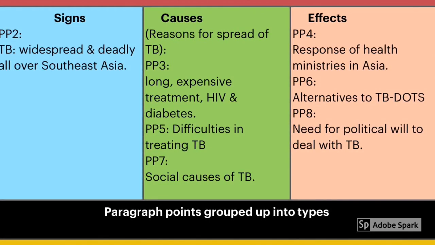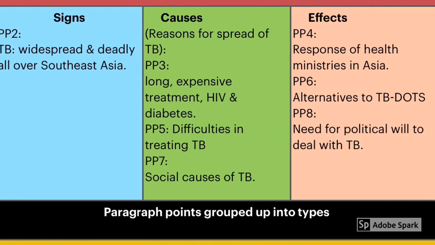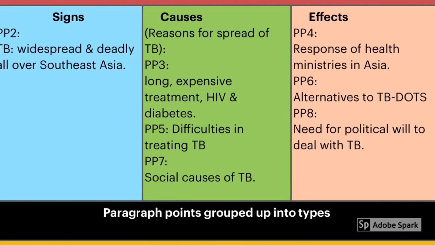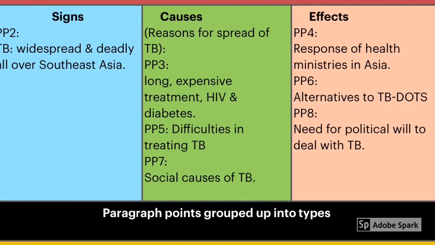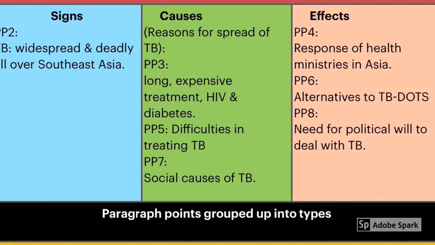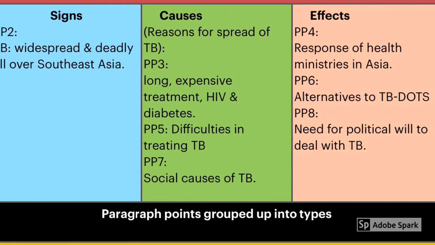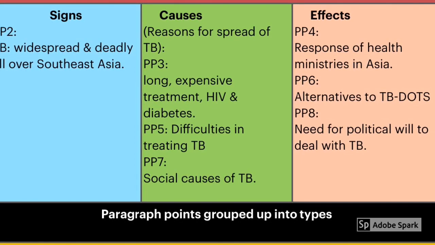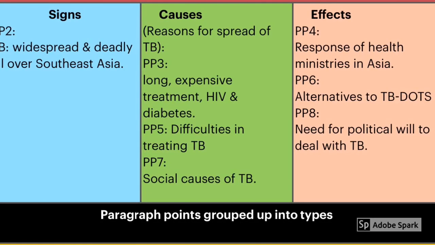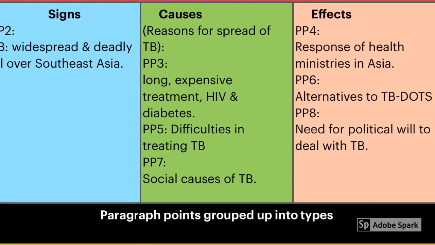We see that the 2nd paragraph deals with a sign or a manifestation of the spread of TB. Paragraphs 3, 5, and 7 deal with causes, and paragraphs 4, 6, and 8 in some broad way are effects or outcomes of TB.